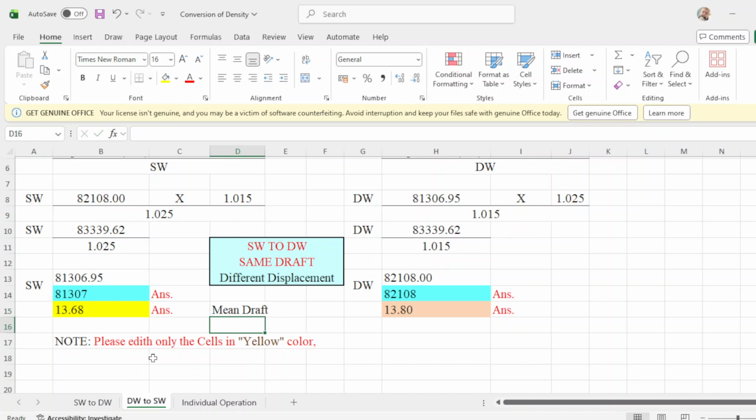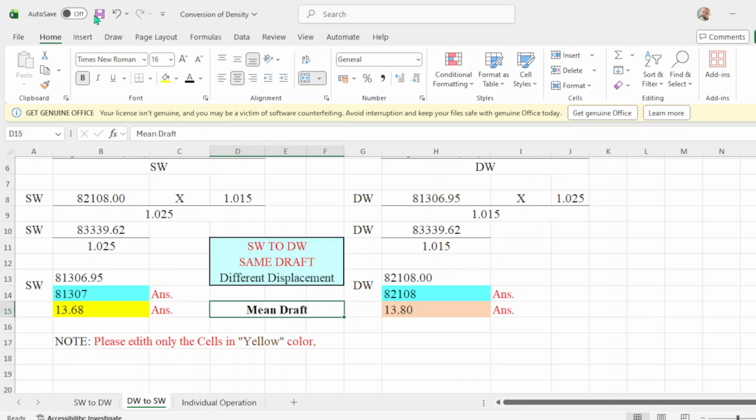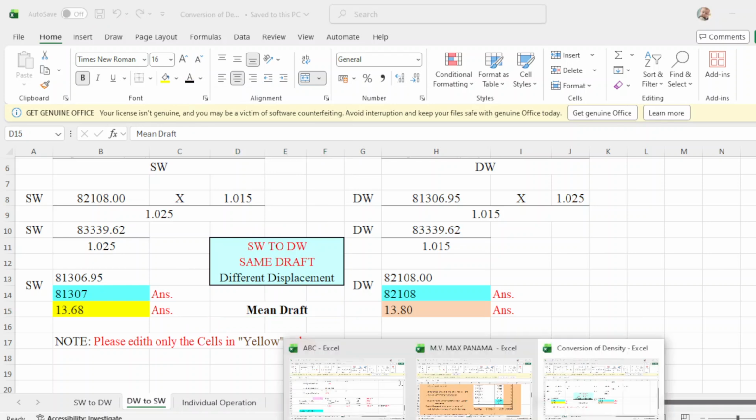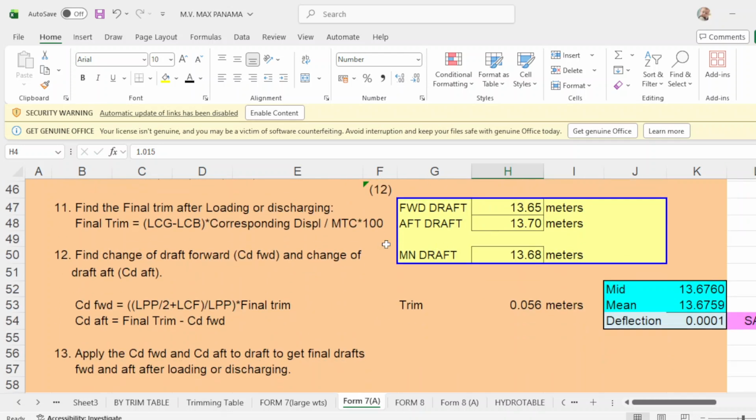That is only for the main drop, while the program will give you the forward, up drop, main drop, and your trim.